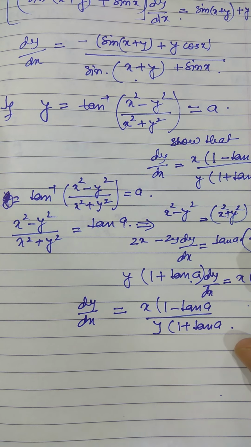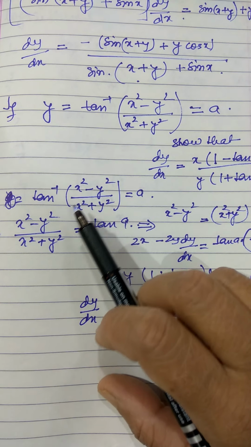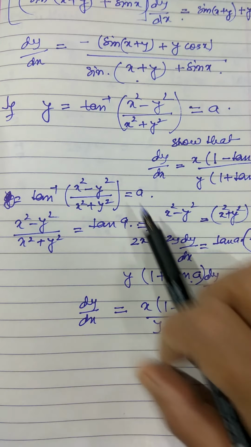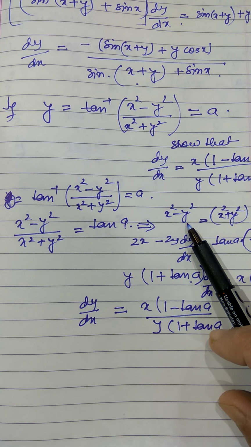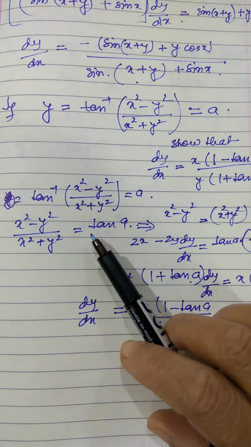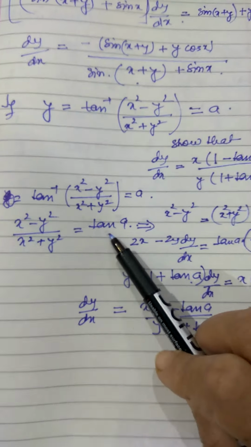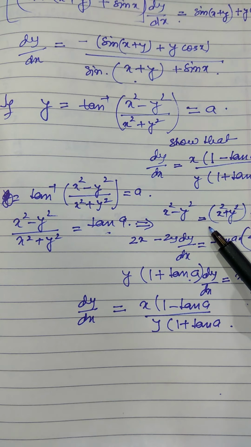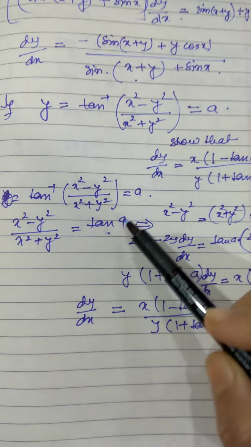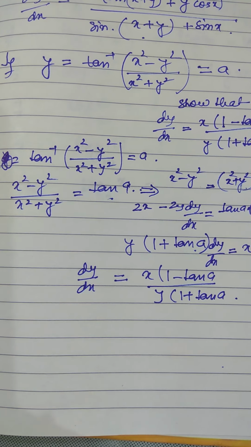So tan^(-1)((x² - y²)/(x² + y²)) = a, this implies that (x² - y²)/(x² + y²) = tan a. And x² - y² = (x² + y²) tan a. Cross multiply this. Now differentiate both sides.